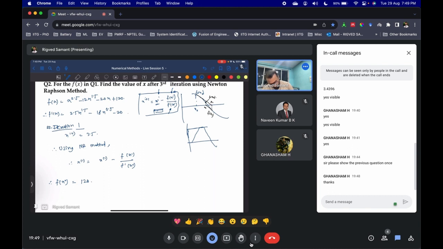This is 120. F dash of x of 0 is 0, 0 minus 20. So x of 1 would be x0 is 3.5 minus f x of 0 is 120 divided by minus 20. So this is 6, right? So 3.5 plus 6.